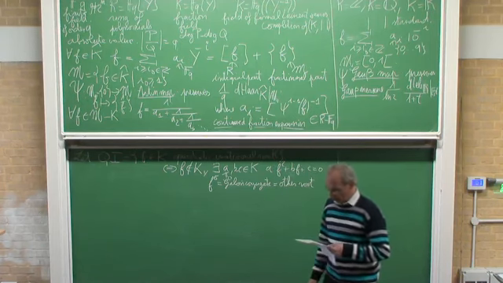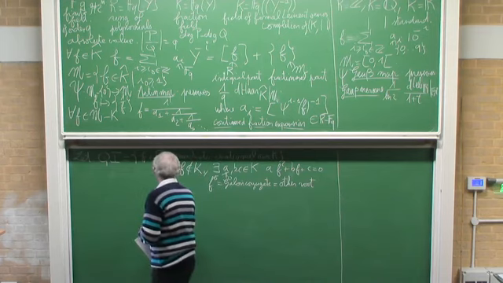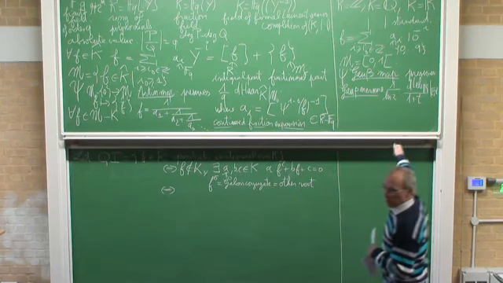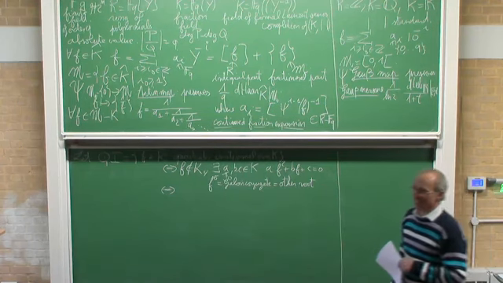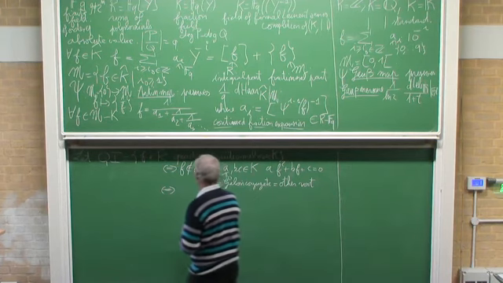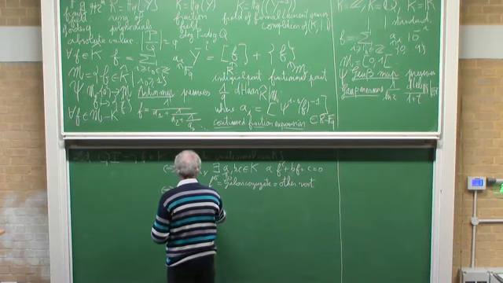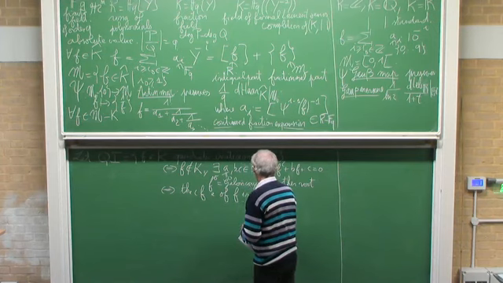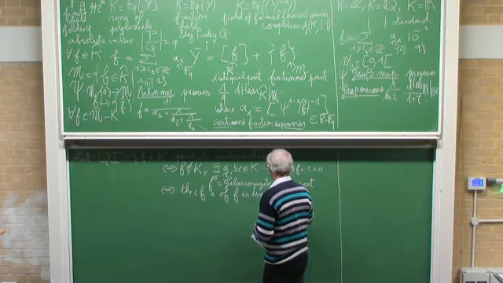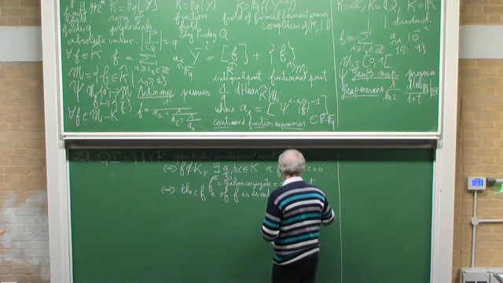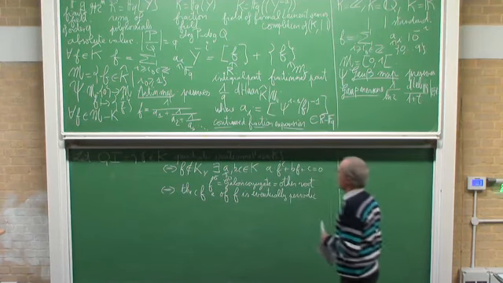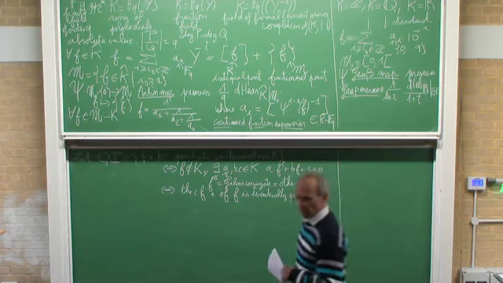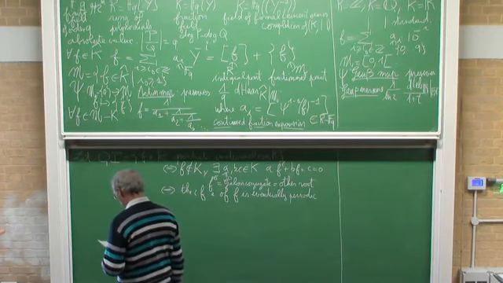And in terms of the continued fraction expansion, everybody knows the analog in R, this is equivalent to the continued fraction expansion of F being eventually periodic. That is, the coefficients A_i after some time are periodic.